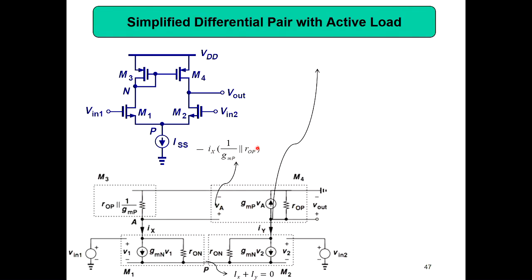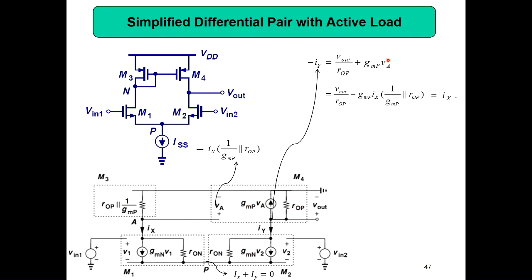And the same way you can write Iy. So Iy equals Vout/Rop, because this voltage is Vout, plus Gmp into Va. P is the PMOS, and Va is this voltage. Then you can substitute, because you already got Va here.